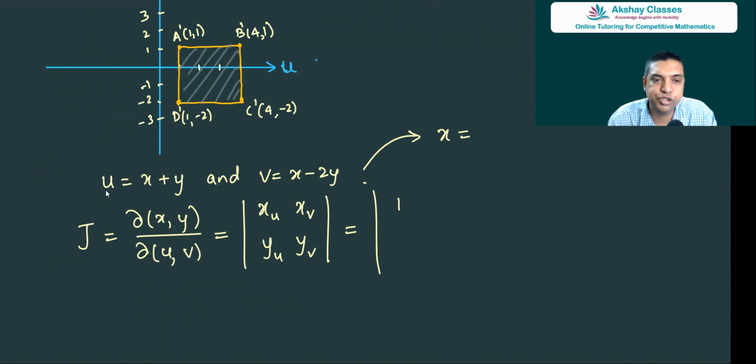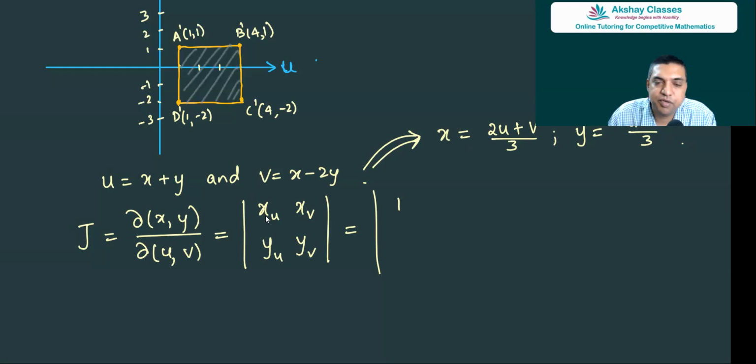So 2u plus v, that will eliminate y, will give 3x. So x is (2u plus v) upon 3, and y is (u minus v) upon 3. So this is the transforming function.